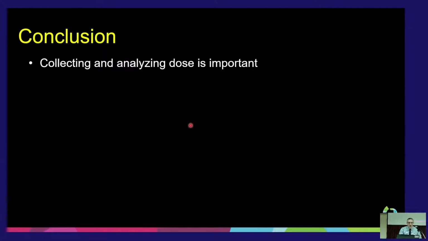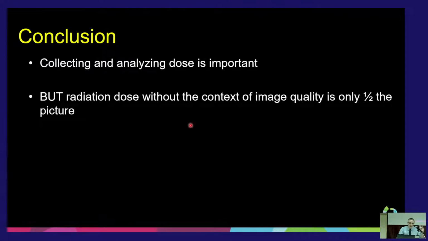All right, so in conclusion, collecting and analyzing dose is important, but radiation dose without the context of how good the image looks, or quote unquote, an analysis of the image quality, is only half of the picture.